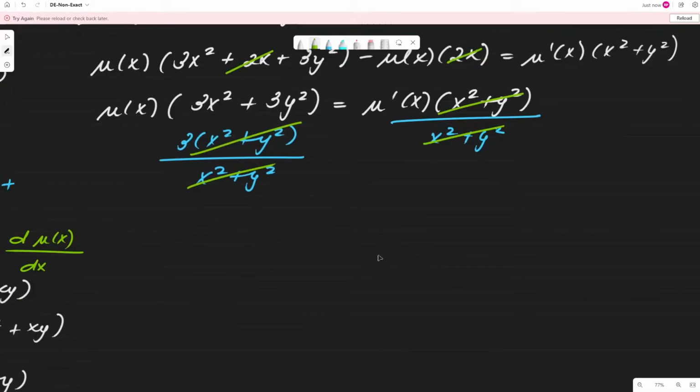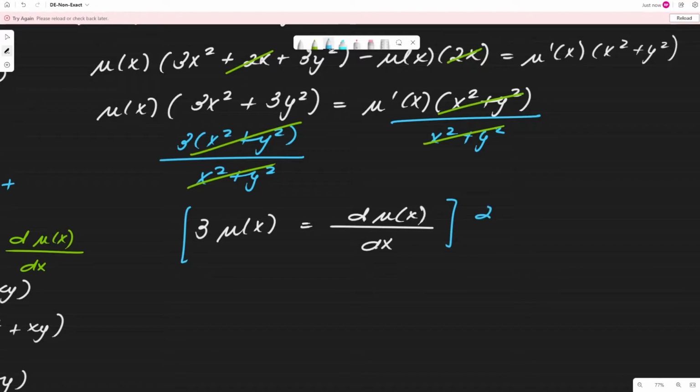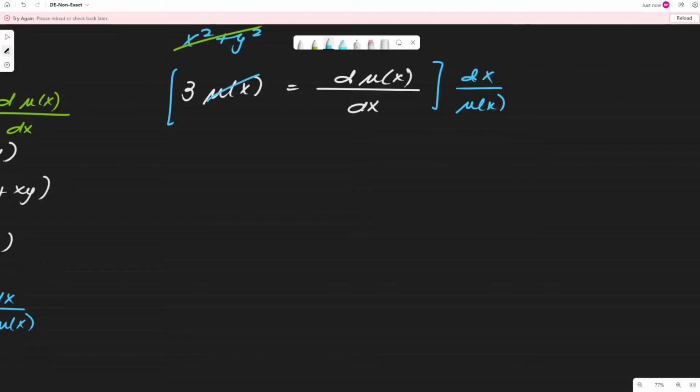So we'll have 3 mu of x is equal to d mu of x over dx. Then we multiply both sides by dx over mu of x. So we'll have 3 dx is equal to d mu of x over mu of x.